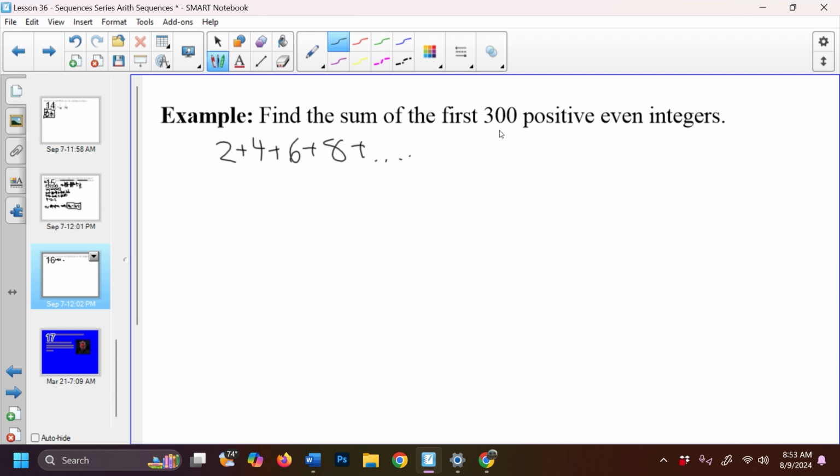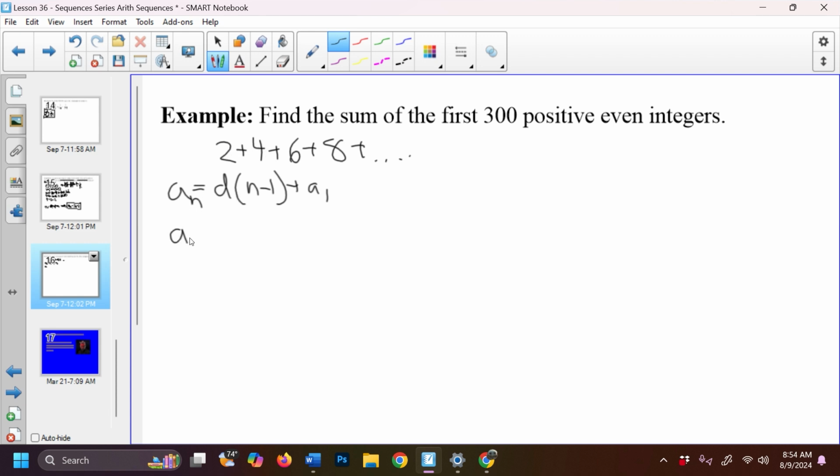The 300th positive even integer is 600. All right, but we want to calculate that. So I'm going to start with that formula: a sub n is equal to d times n minus 1 plus a sub 1. Clearly, this series has a common difference of 2.